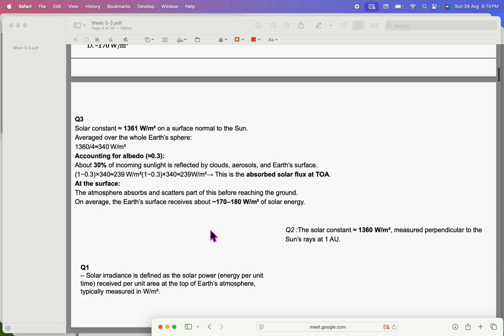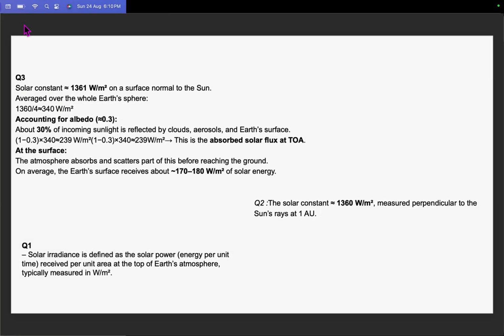Because you can see that in the first question, solar irradiance was defined as the solar power received per unit area at the top of the atmosphere, perpendicular to the sun. Now, for that fraction, when averaged over the whole Earth sphere, it is 1360 by 4, that is 340 watt per meter square.